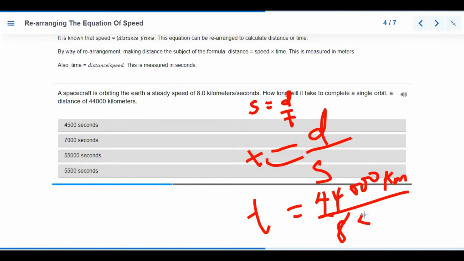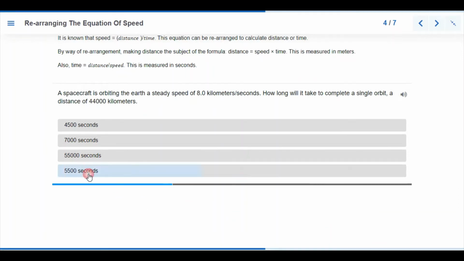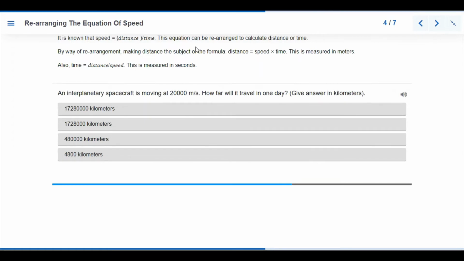By way of division, 4 into 4, 11,000, and 2 into 11, that's 5, 2 into 10 is 5, that's 5,500. That becomes 5,500 seconds. Let's check. Correct.